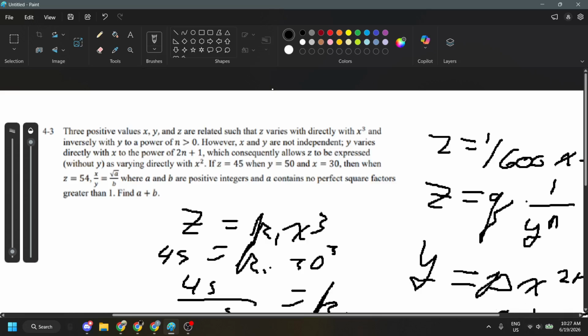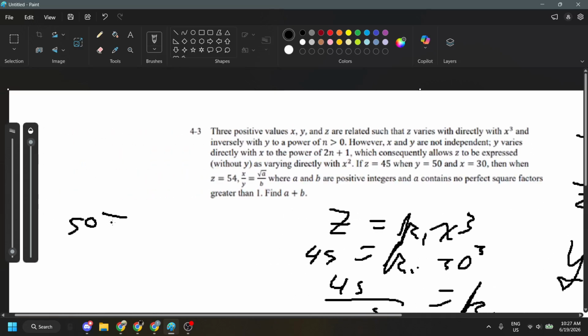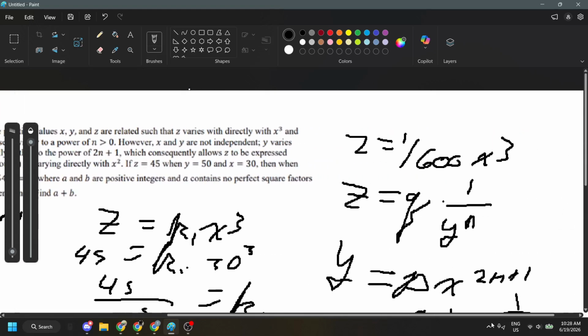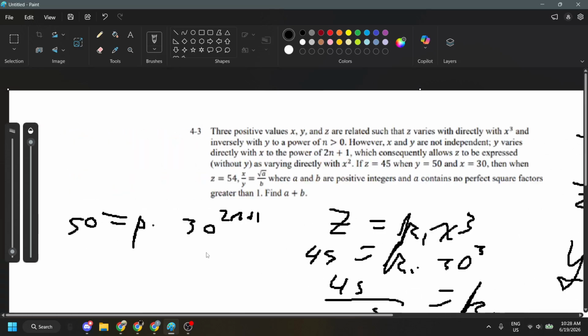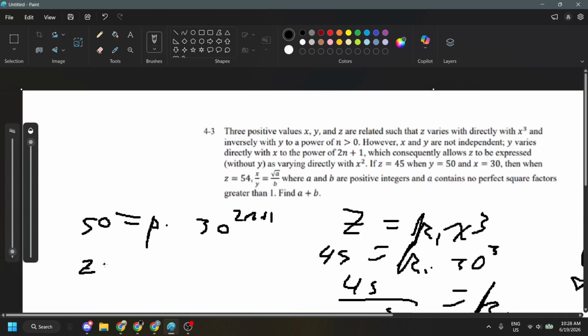Okay, maybe we should just put this in here, so 50 is equal to p times 30 to the 2n plus 1. Okay. No, I'll do 45 is equal to q times 50 to the n.